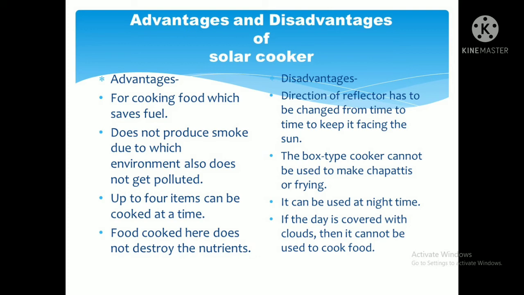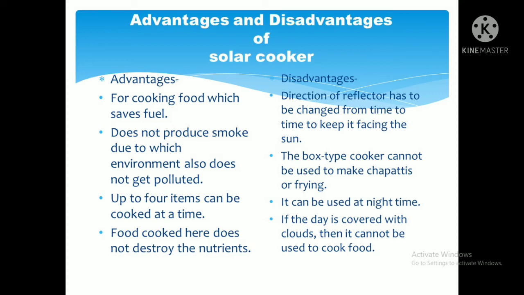So the advantages, see here. For cooking food it saves fuel. Sorry, I'm talking about petrol, meaning LPG is not needed here. So cooking food, it is very easy to save the fuel. Then it will not produce any smoke, so the environment will not get polluted.